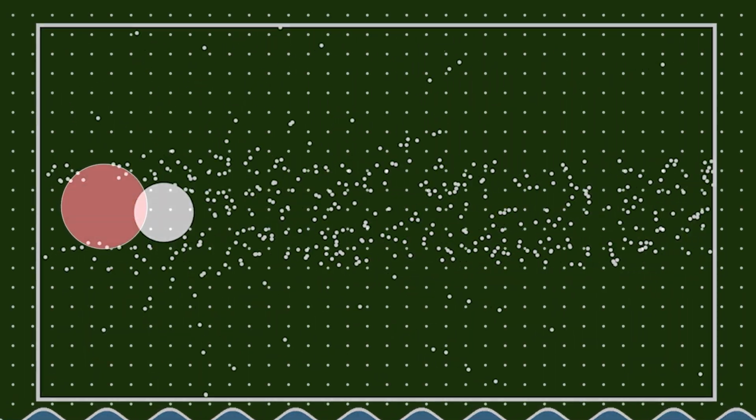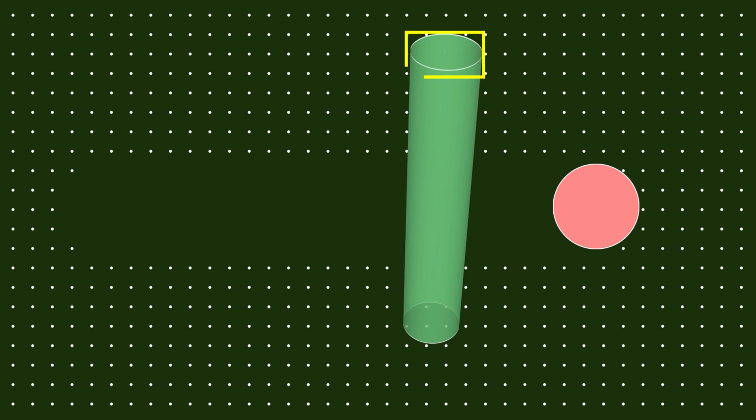Let's start off with the first case. Let's consider a sphere submerged in fluid. If this sphere moves at some velocity v, it sweeps out a volume of particles that it interacts with. This volume is a cylinder because the cross-section of a sphere interacting with a fluid is a circle, and the radius of that circular cross-section is the same as the radius of the sphere, which I'm going to call r.